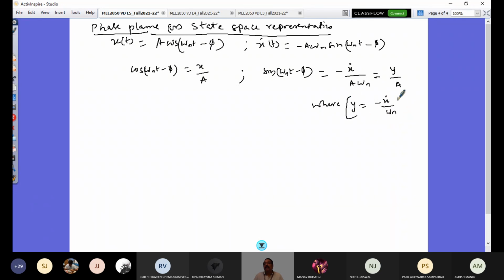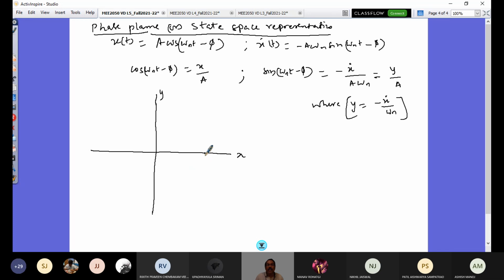This is y. So now you look, I have x and y, representing the x and y coordinates of the xy plane. If I take the xy plane, this is the x axis and this is the y axis. I would have a representation of my motion in this way.